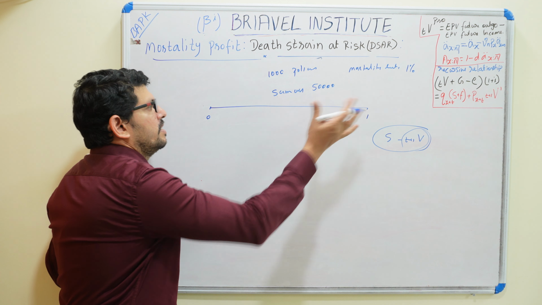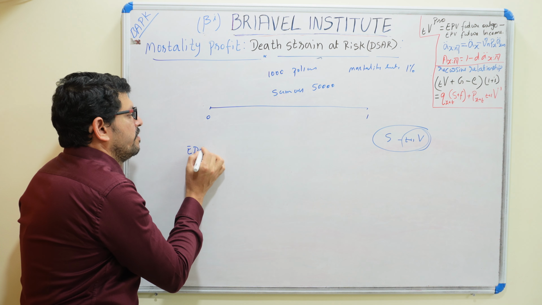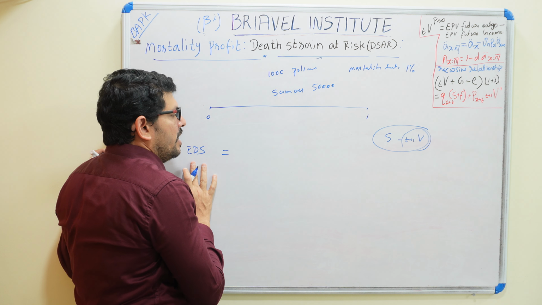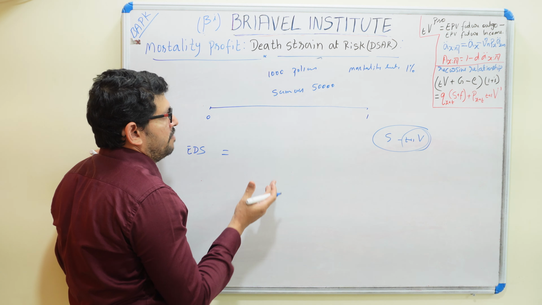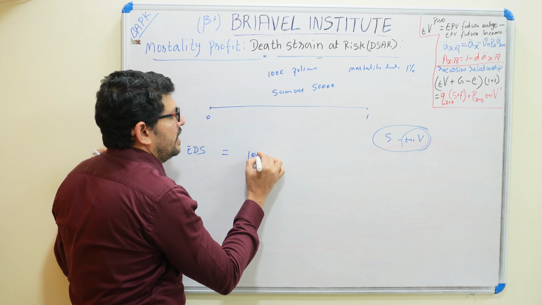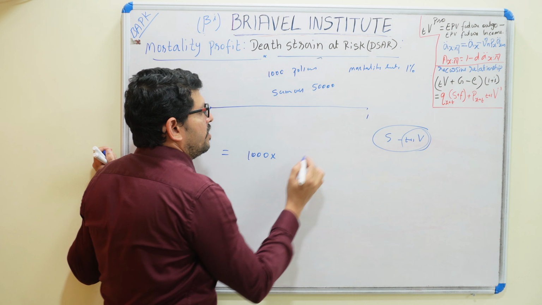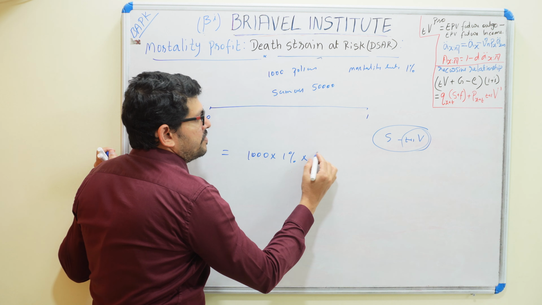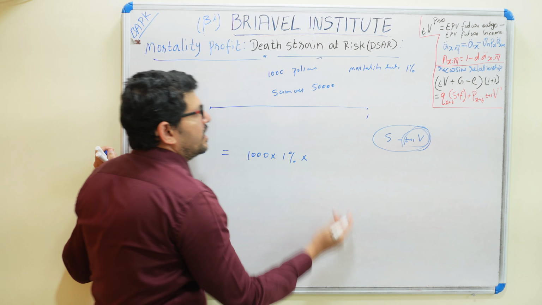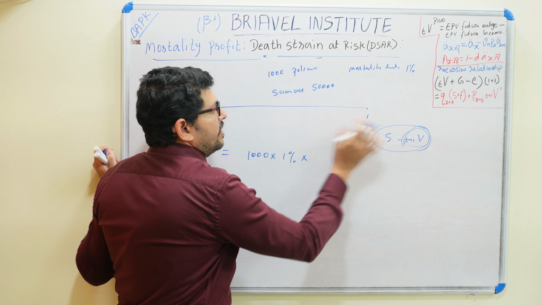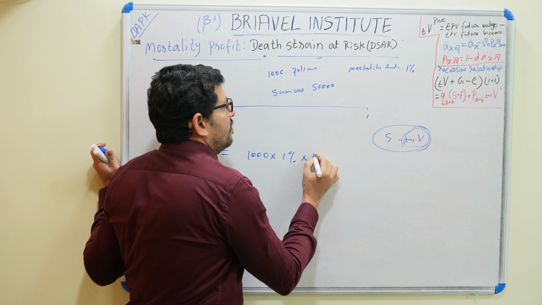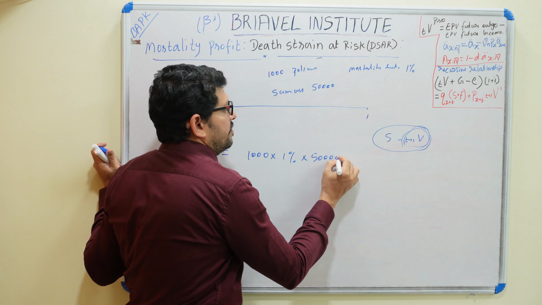What will be my expected death strain? How to calculate it? Expected number of deaths is the number of policies, 1,000, multiplied by the mortality rate of 1%, and then by the sum assured. Here the reserve is not there because it's a 1 year policy, so we are not keeping any reserve. Our sum assured is 50,000.